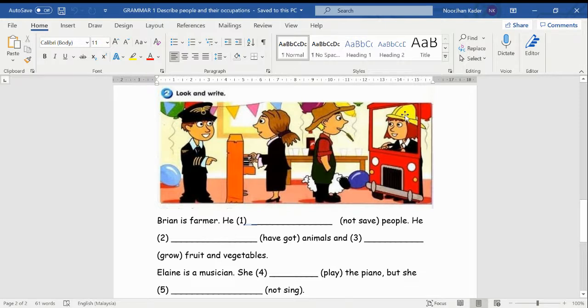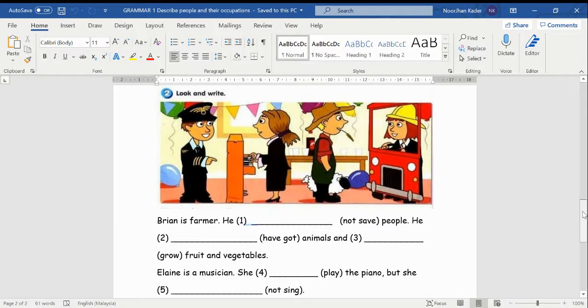And she's wearing a safety helmet. So when she wears a safety helmet, that means definitely her occupation must have something to do with saving people, or actually dealing with hazardous, dangerous situations. That's why she's wearing a safety helmet.